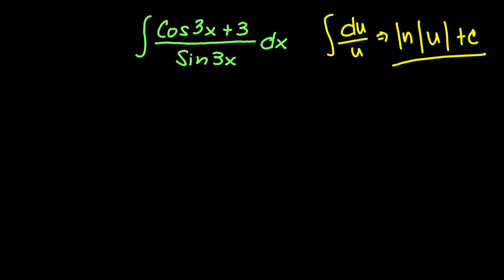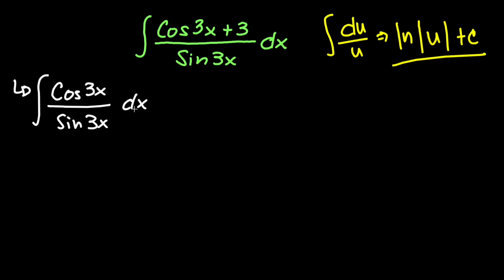So the first step here would be to split these two parts with the same denominator of sine 3x. So this would be the integral of cosine 3x over sine 3x multiplied by dx.